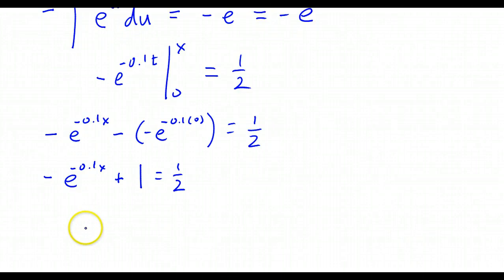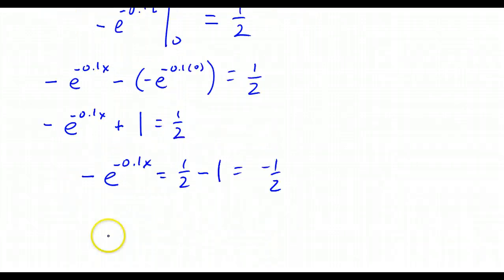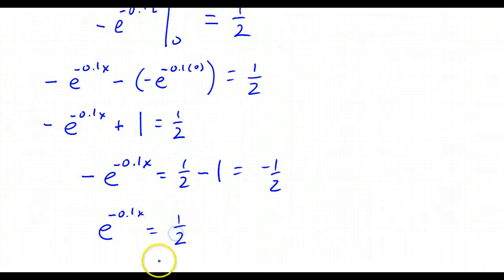Okay, so now I have negative e to the negative 0.1 x equals 1/2 minus 1, which is negative 1/2. That means positive e to the negative 0.1 x equals positive 1/2.